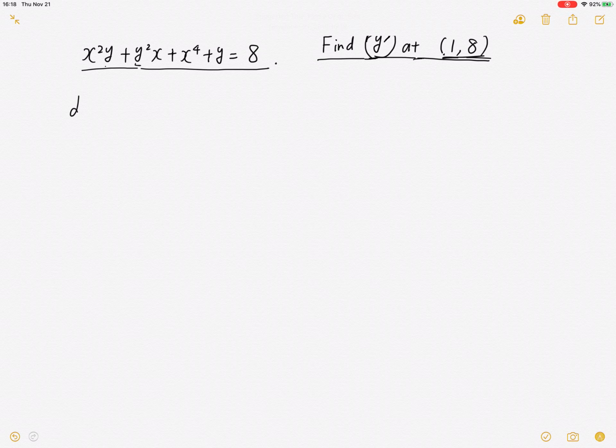Well, if you remember, you can apply the derivative operation on the entire equation, both the left and right, just like multiplication.